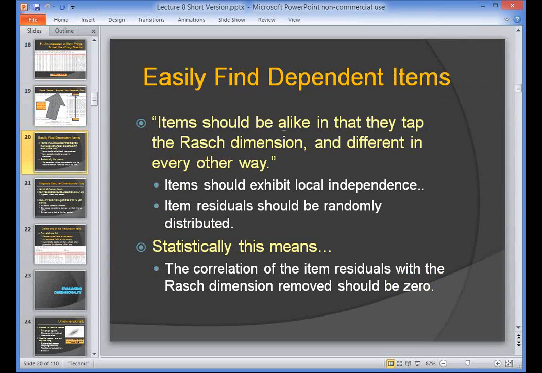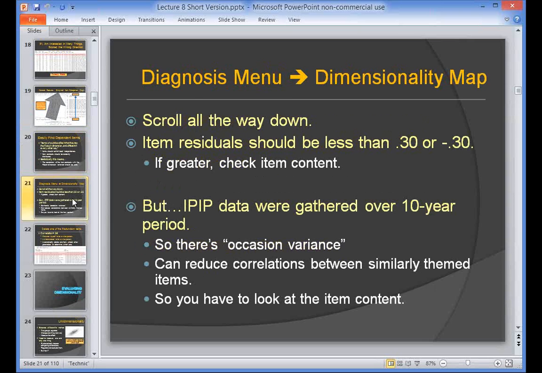And the idea here with dependent items is essentially that items should be alike in that they tap the Rasch dimension, and they should be different in every other way. Now, the values that you're looking at are going to be values that are more extreme than 0.30 or minus 0.30. Anything that's more extreme than that is going to be suspicious.